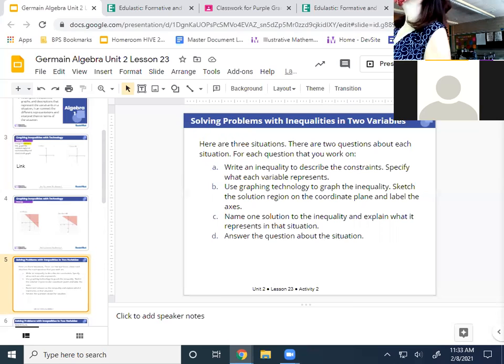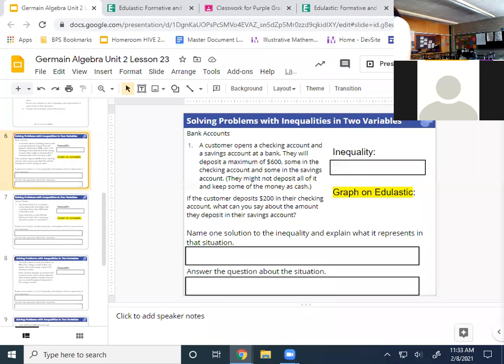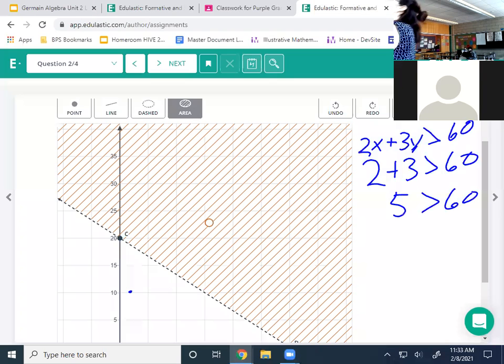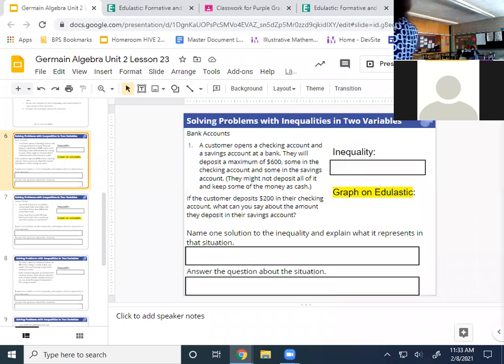So for the first 2, on 6 and 7, you graph them in Edge Elastic on that same assignment, on 3 and 4 in there. For 6 and 7, you're doing all 4 parts: the inequality, graphing it, naming one solution and what it represents, and answering the question that's in the second paragraph.